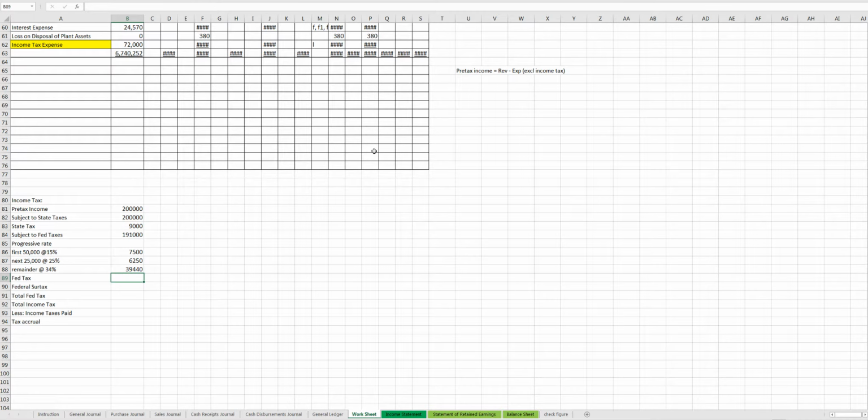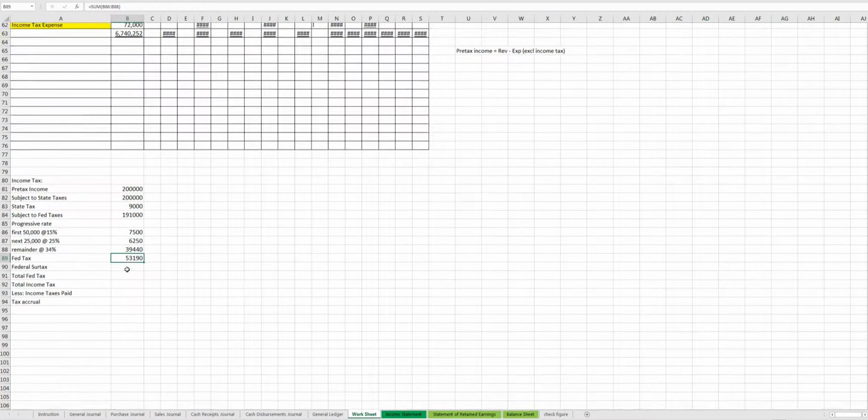So the total federal tax together is $53,190. But this is based on the assumption that we made $200,000 pre-tax income, and the actual pre-tax income will be a little bit above $200,000.